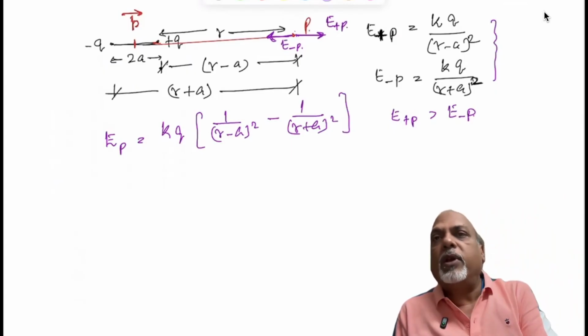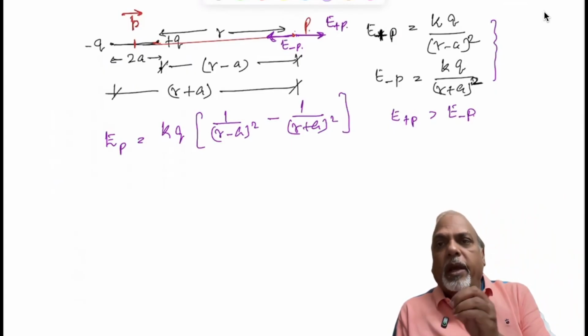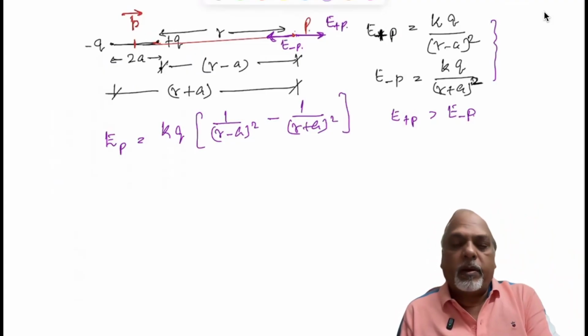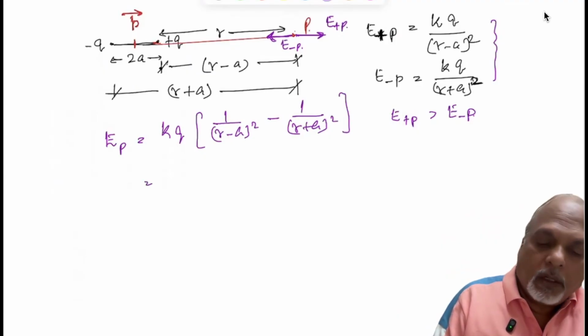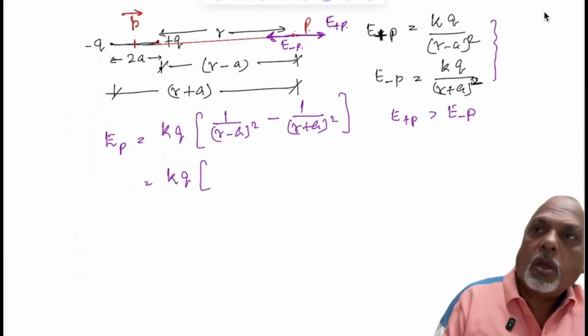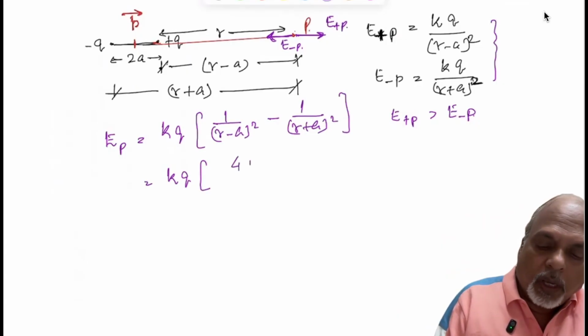So the difference of this electric field will be at point P. Correct? If you simplify this, then you can see this is equal to KQ 4ar upon (r square minus a square) whole square.